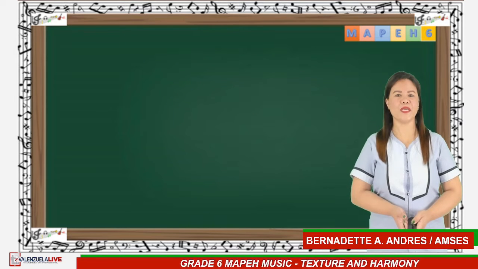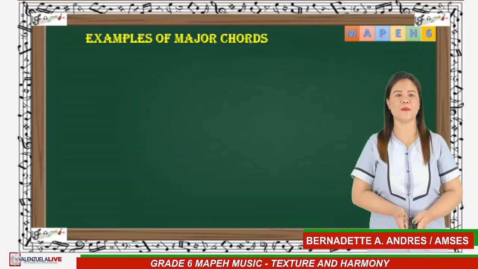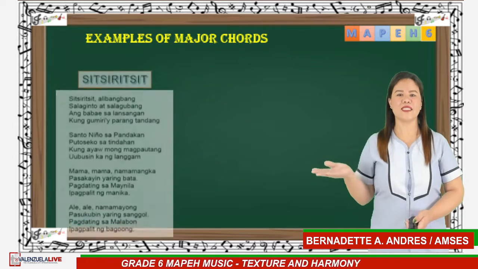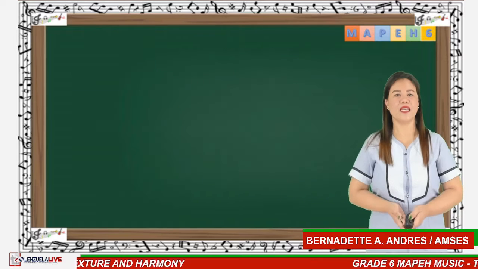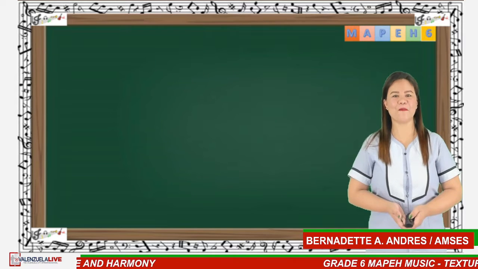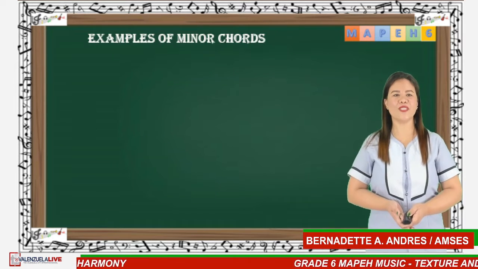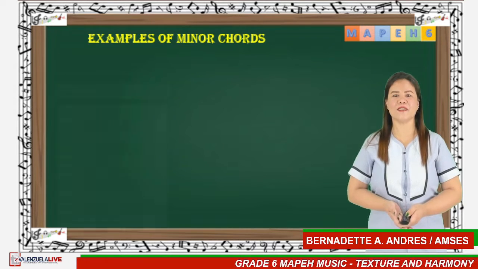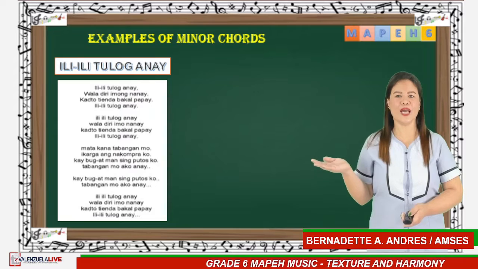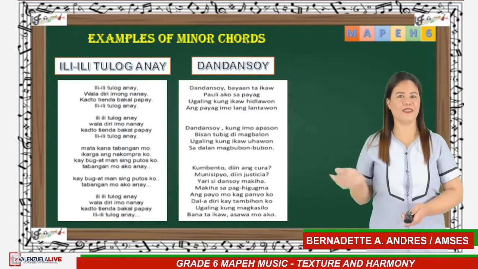Here are examples of songs that have a major chord: Sitsiritsit and Leron Leron Sinta. If major chords have examples of songs, there are also examples of minor chords. These are the following: Ili-ili Tulog Anay and Dandansoy.